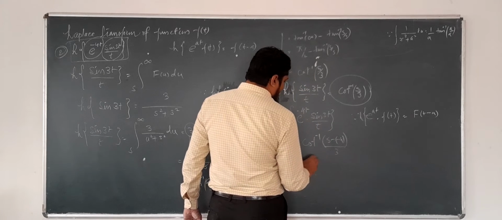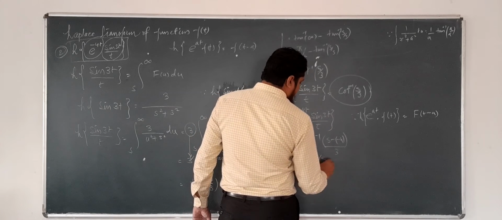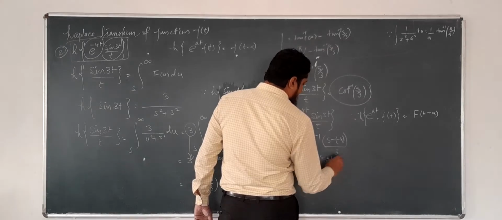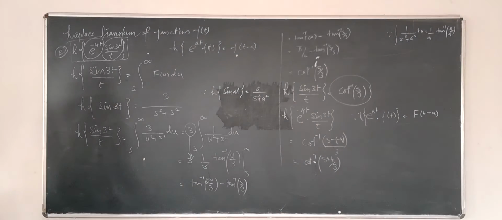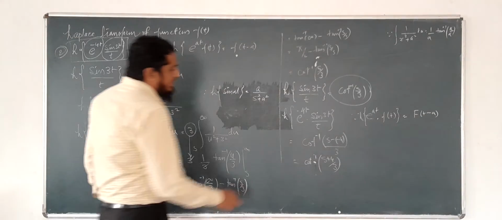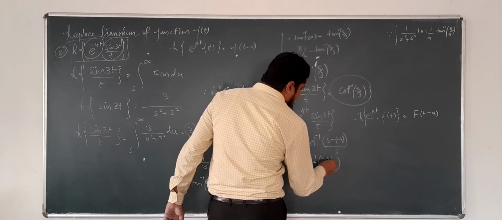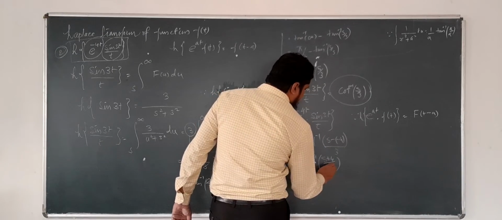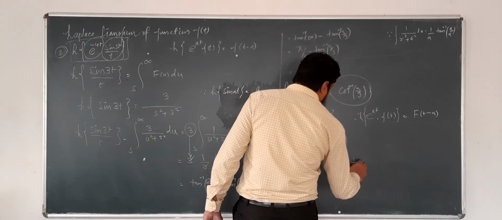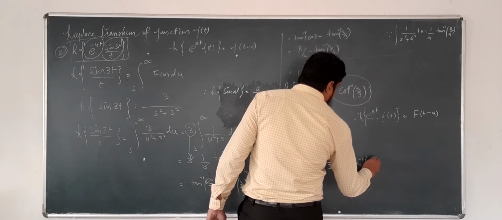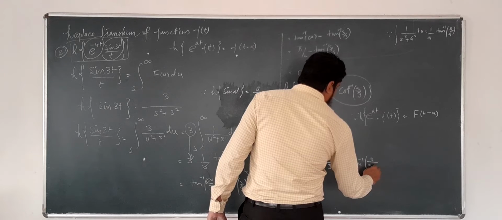So we will get cot inverse of s plus 4 by 3. Correct? We can also write it in the form of tan inverse of 3 upon s plus 4.